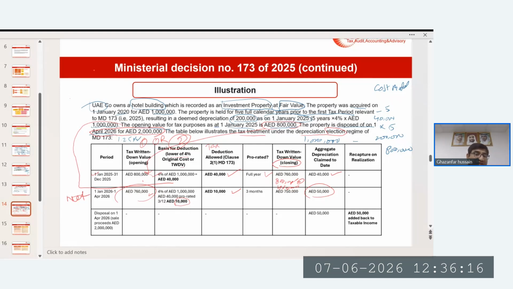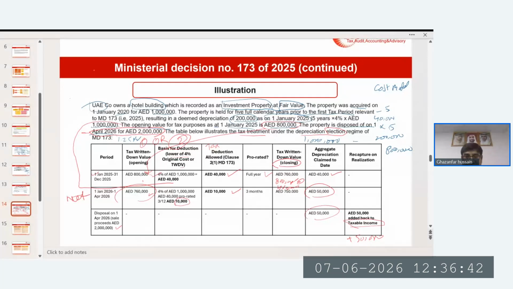Now the disposal, because we calculated the depreciation, now we're saying the disposal at 2 million. Here, the 2 million, right? So what is the treatment on disposal? We will say the aggregated value so far, this much, the 50,000, is added back to the taxable income. It will be the plus in the year of sale.